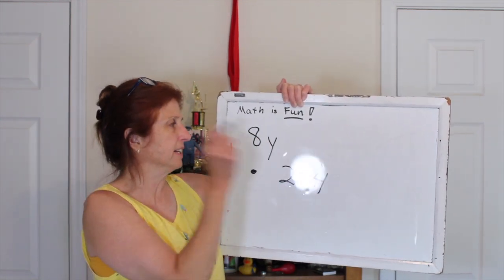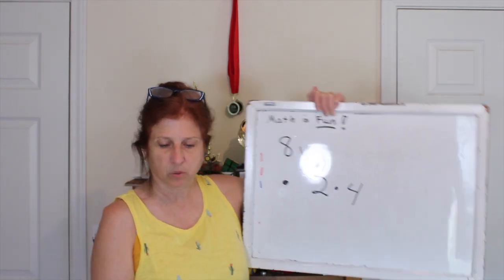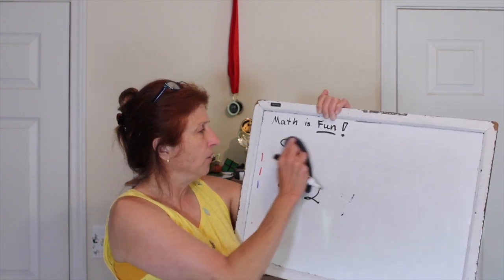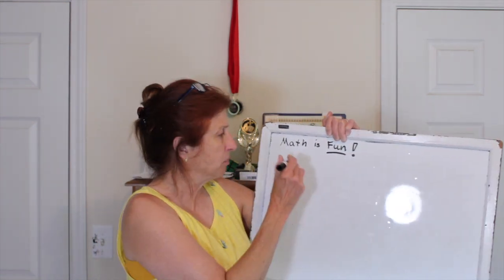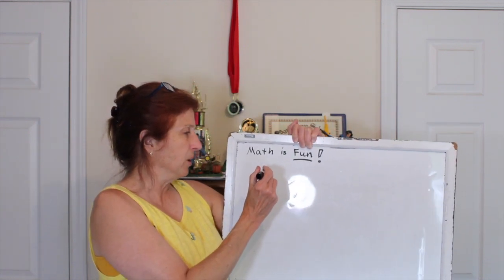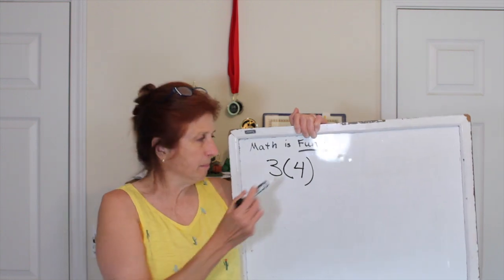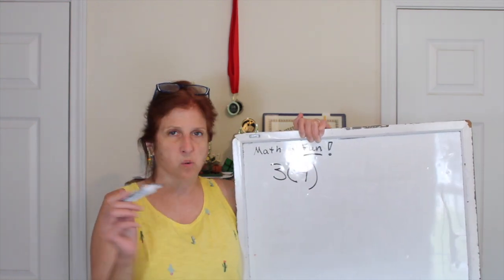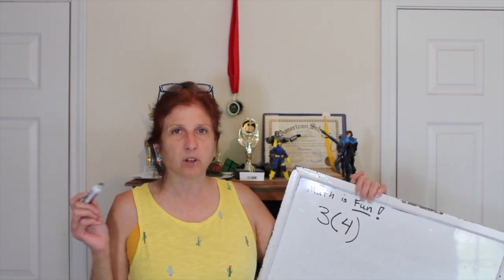So a letter sitting next to a number, or a dot in between two numbers. Also, another way that we're going to show multiplying now is parentheses. So if I have 3(4), that means 3 times 4. So parentheses are going to be another way to show multiplying.